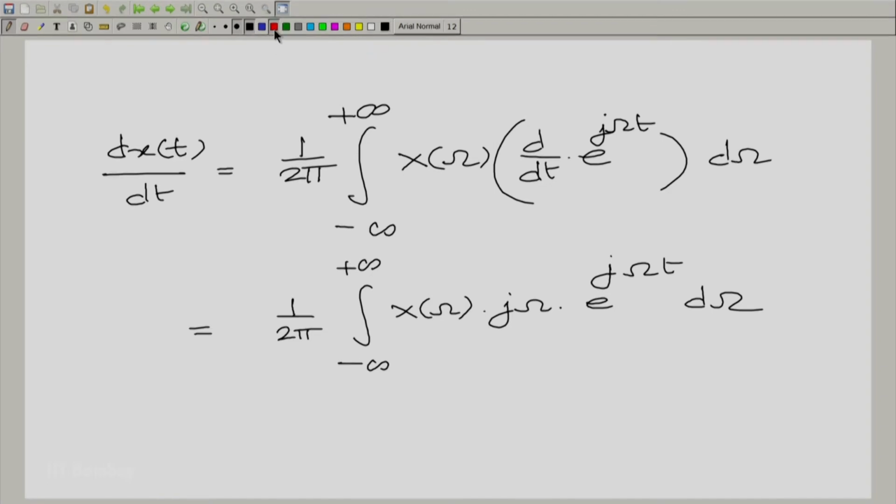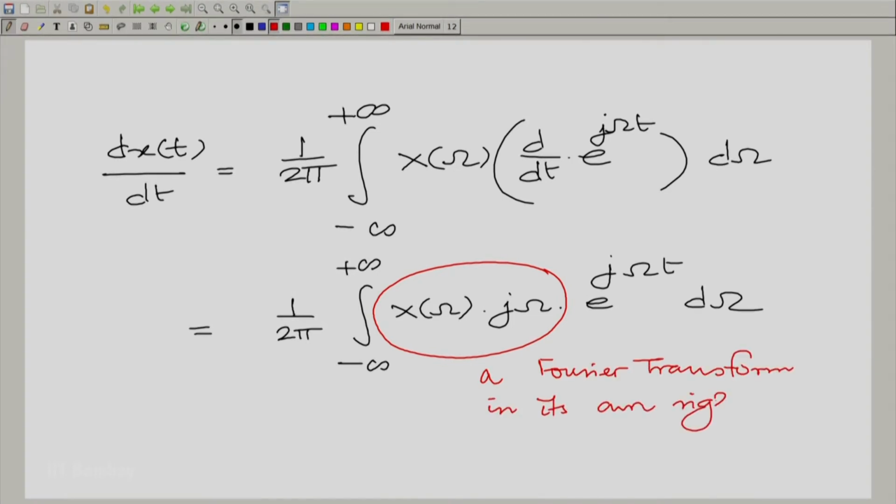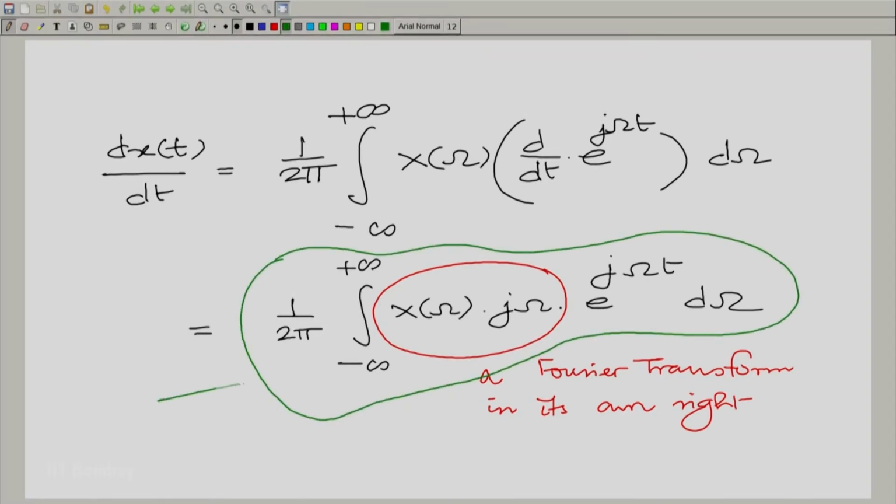And now, let me aggregate that term together. Clearly, this is a Fourier transform in its own right. And if you look at this whole expression here, which I am marking now in green, this whole thing is the inverse Fourier transform of that quantity.